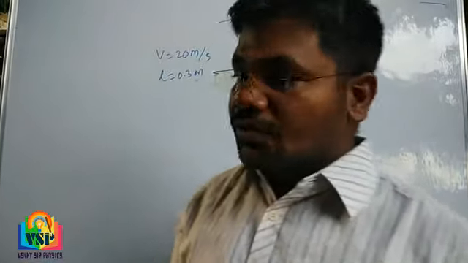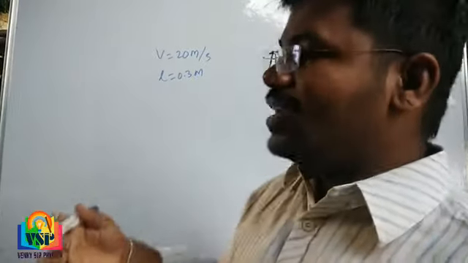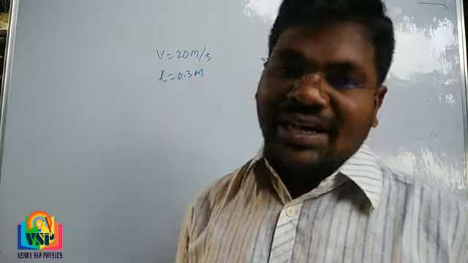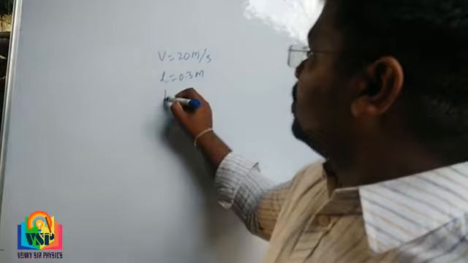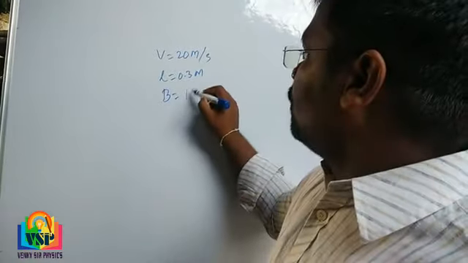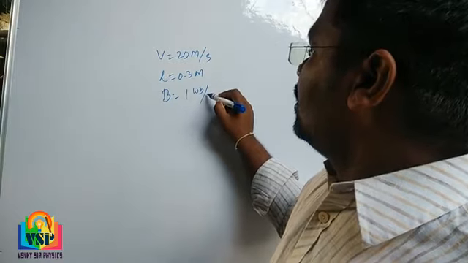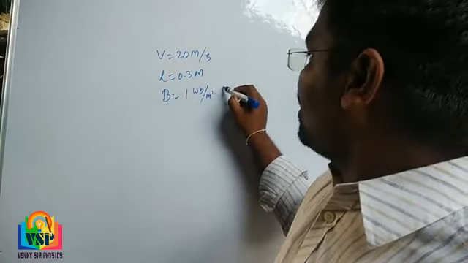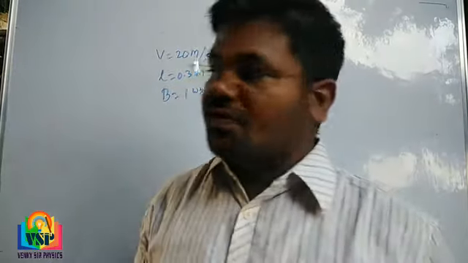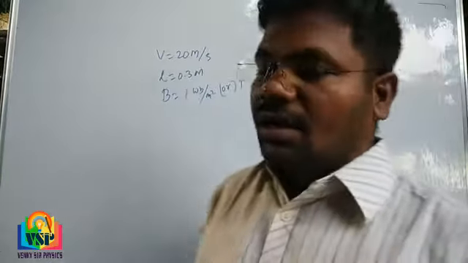The wire is perpendicular to the field, so we don't need the direction. B is equal to the magnetic field, 1 Weber per meter square or Tesla.